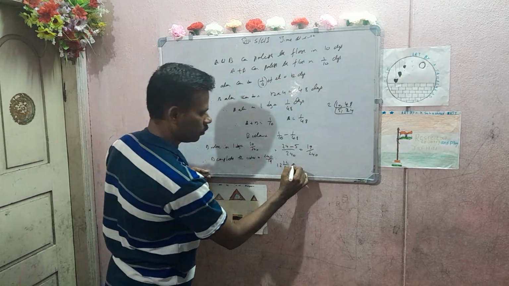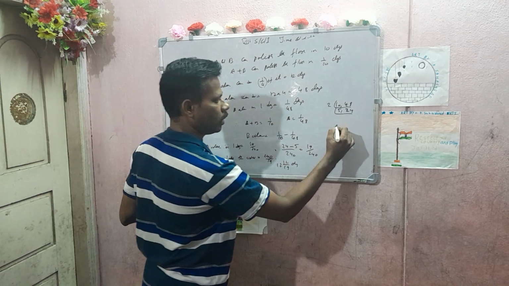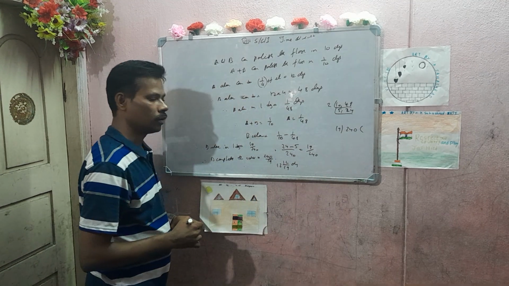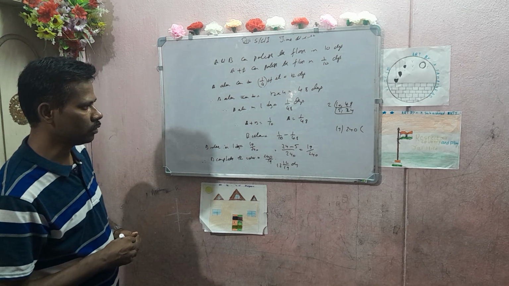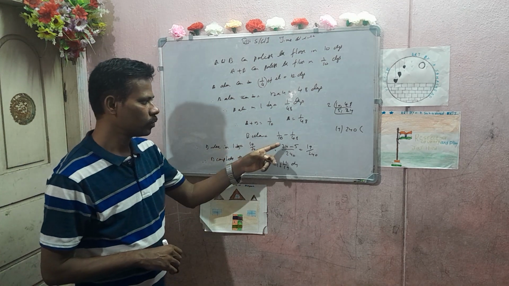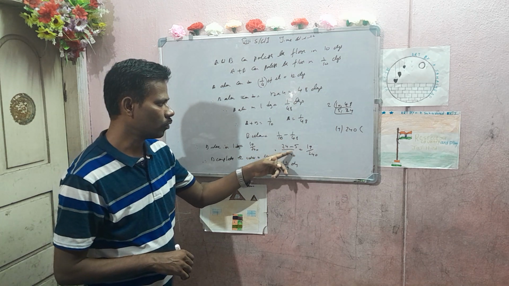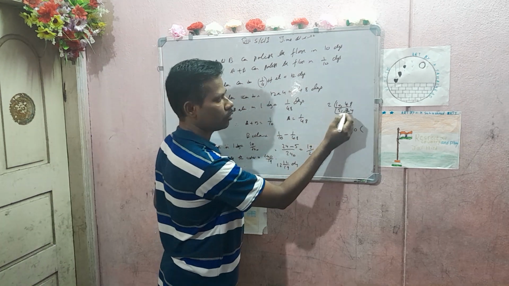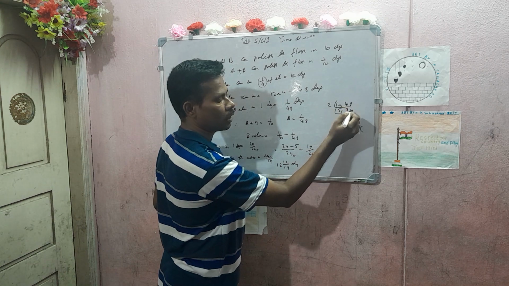You divide like 240 by 19, like that you divide, you will get the answer. Right? The LCM of 10 and 48 is 2 5s are 10, 2 to the 4, 2 4s are 48.